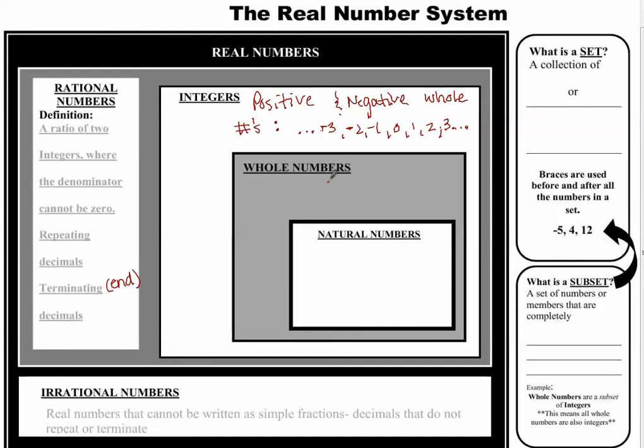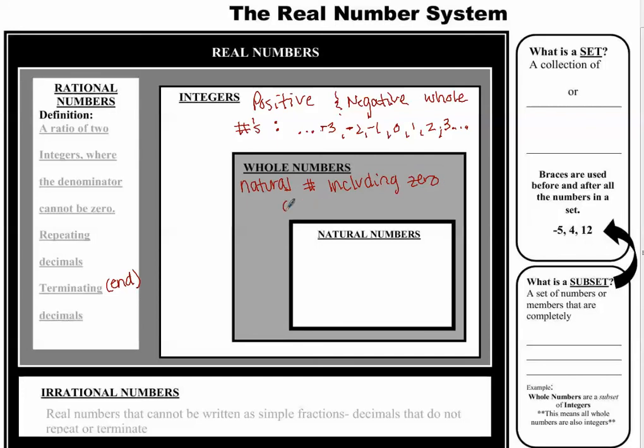Whole numbers is your natural numbers that include 0.